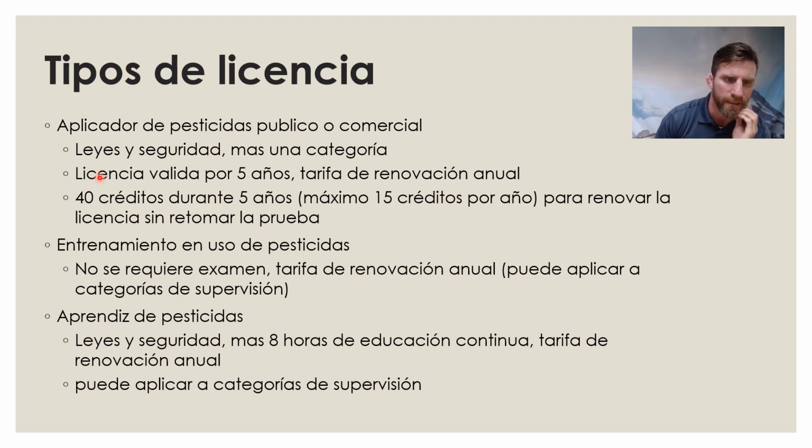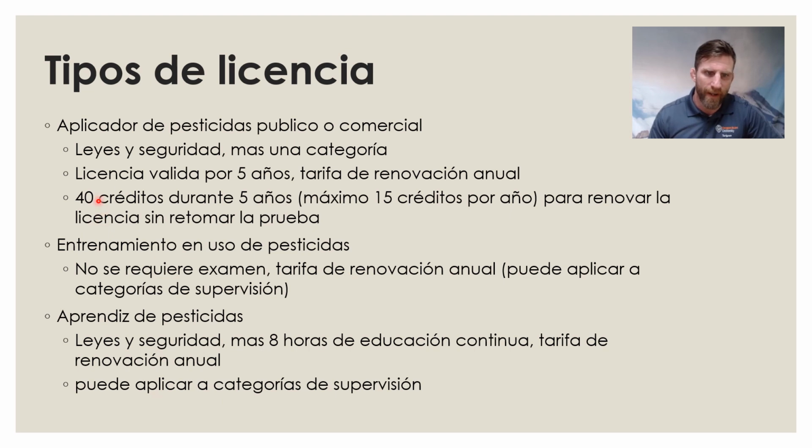Okay, this license will then be valid for 5 years. Annual renewal fees have to be paid every year throughout these 5 years. And if the person wants to renew their license after the 5 years are up without taking another exam, they need to accumulate 40 professionally Oregon Department of Agriculture approved continuing education credits over the 5 years, with a maximum of 15 credits per year.